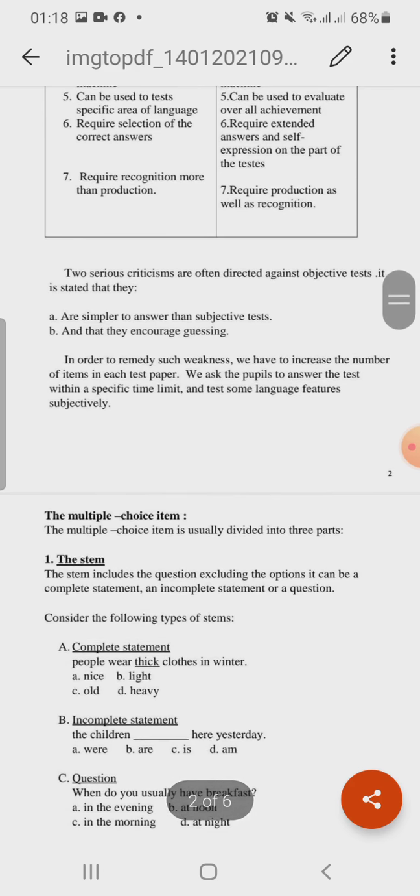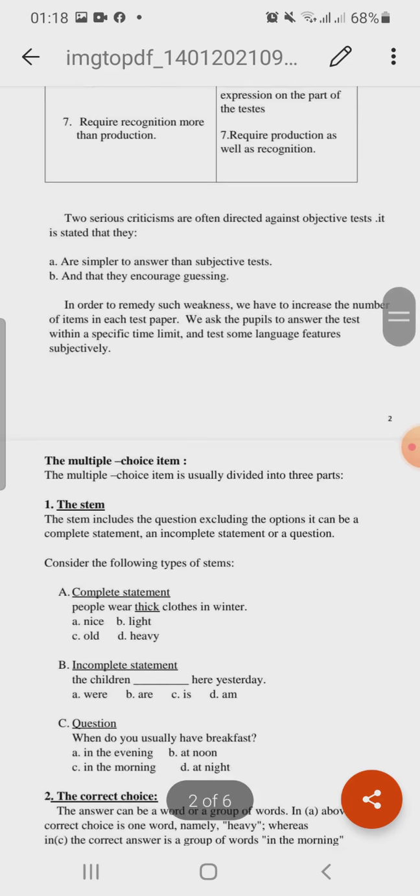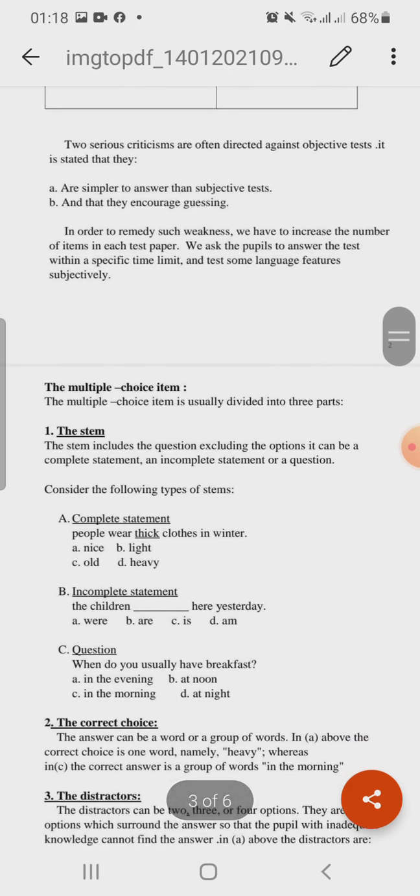Two serious criticisms are often directed against objective tests، هناك نقدين للاختبارات الموضوعية. It is stated that, number 1, A: they are simpler to answer than subjective tests، أنه الاختبارات الموضوعية أسهل من الاختبارات الشخصية. B: and that they encourage guessing يشجعون التخمين من قبل الطالب.